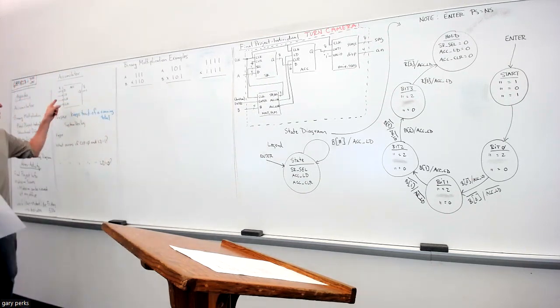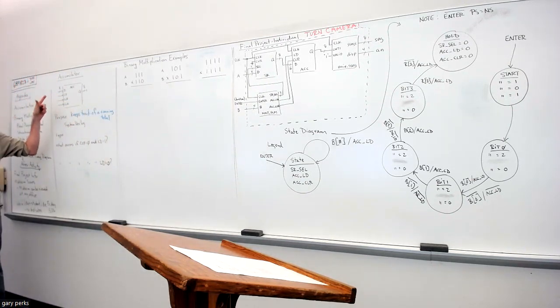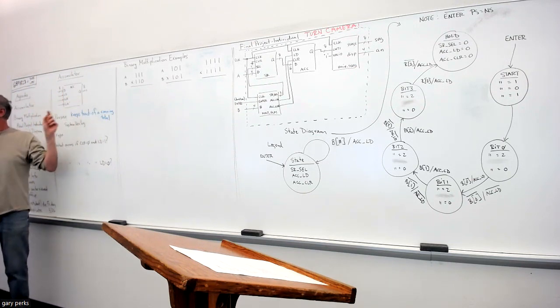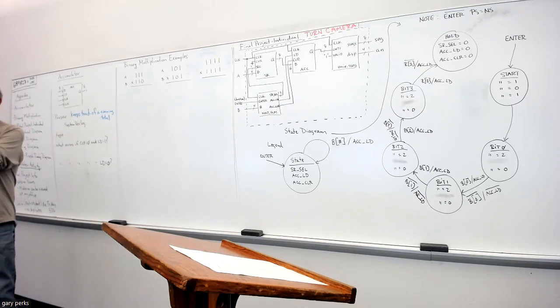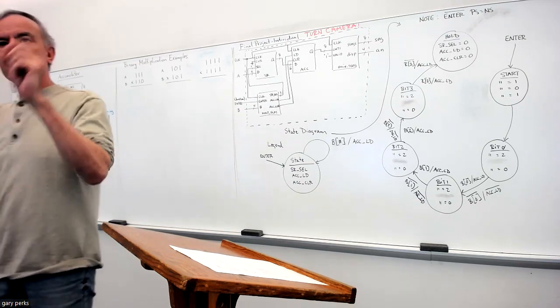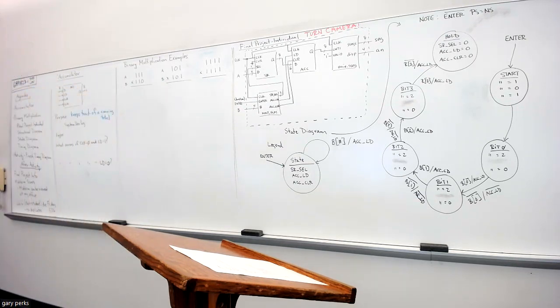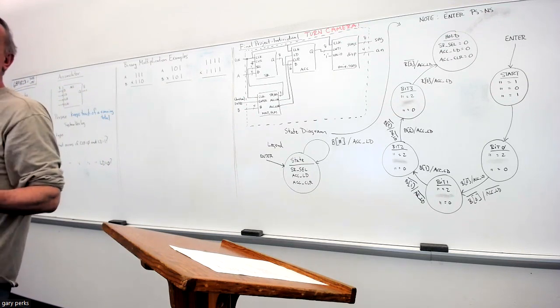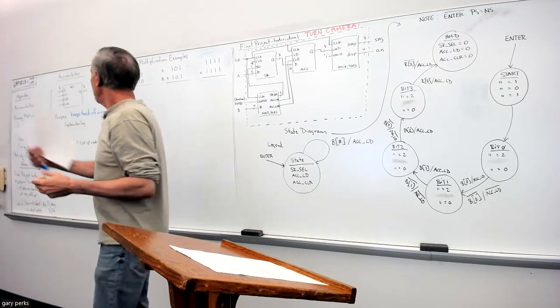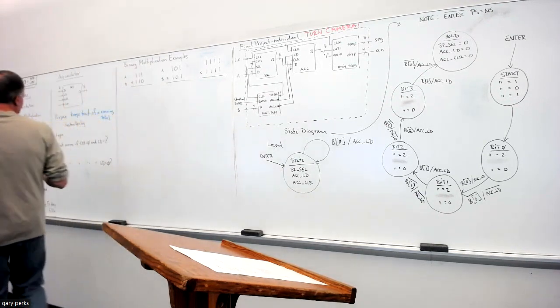And as long as you've got load asserted equal to a 1, it's just going to keep doing that. So that's how the accumulator keeps track of a running total. As long as you leave the load equal to 1, it's just going to continually add whatever's on D to Q and put the new result on Q.